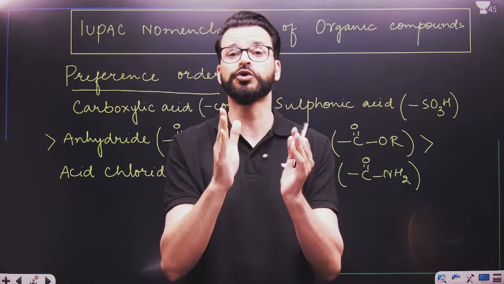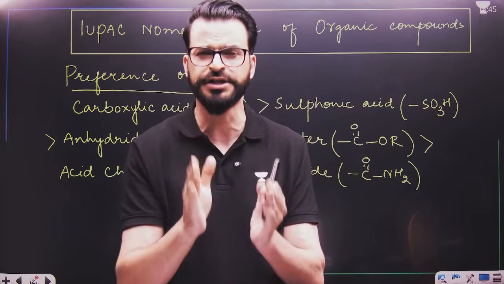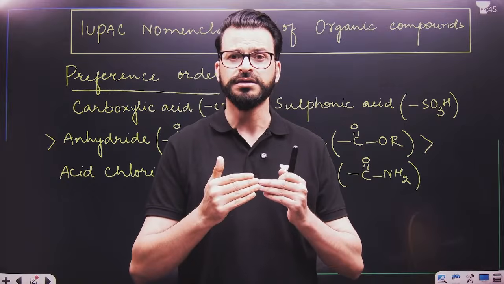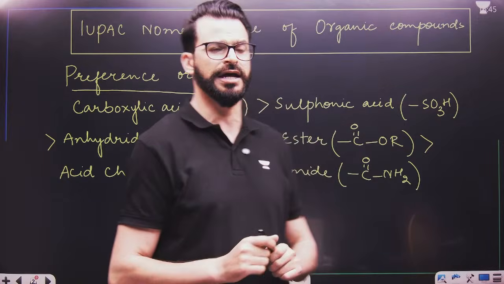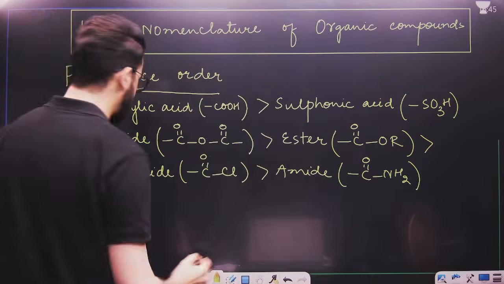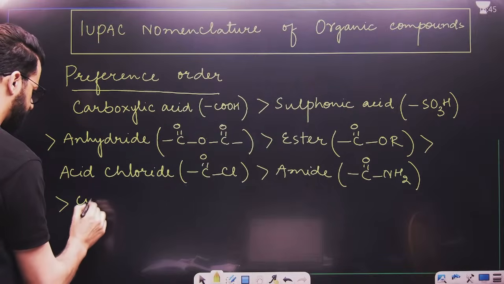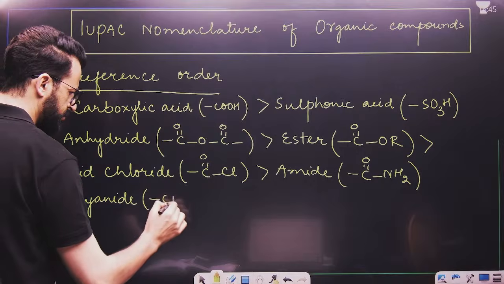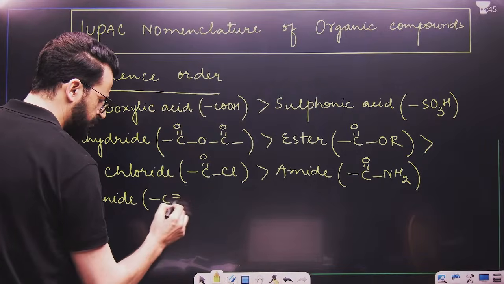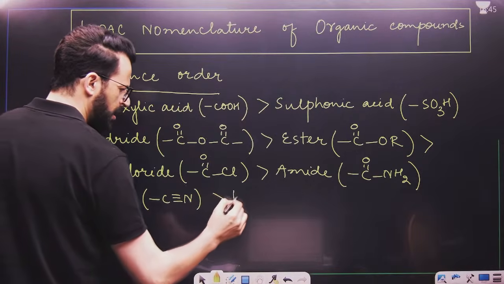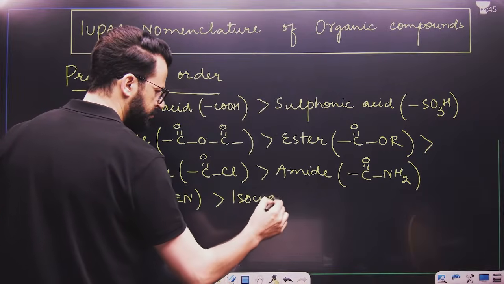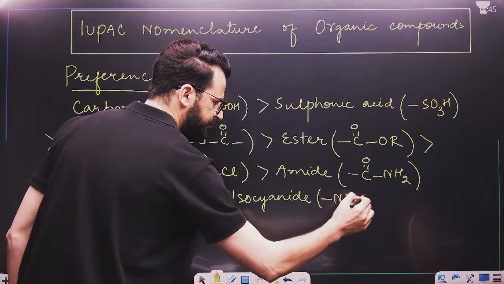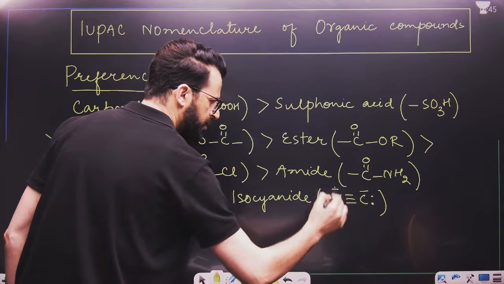So we have to write down the nitrogen containing functional group which has multiple bonds, like a triple bond, as in cyanide and isocyanide. So after this, let me write down cyanide. That means CN, which is C triple bond N. And then isocyanide, that means N triple bond C. You can show it in this fashion.